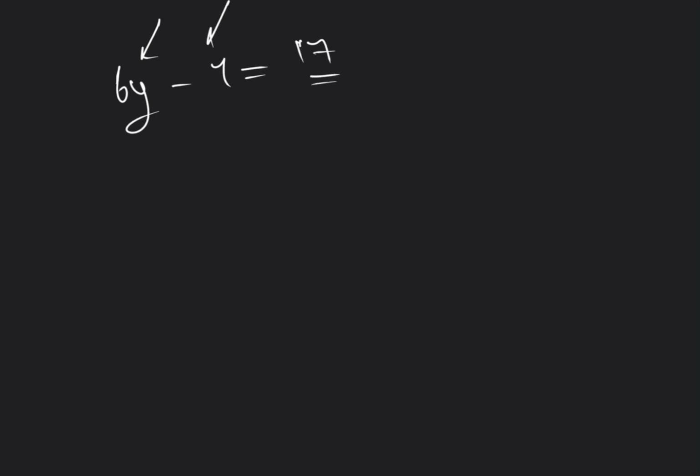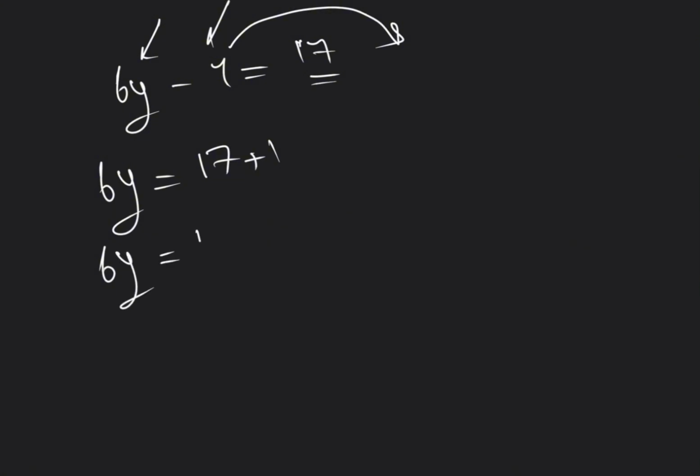First, when you have this kind of question, the first step is to move the number. So 6y equals 17 plus 1. So 6y equals 18. Now we have only one single operation. Like we said before, divide by 6, divide by 6. So y equals what? 3.